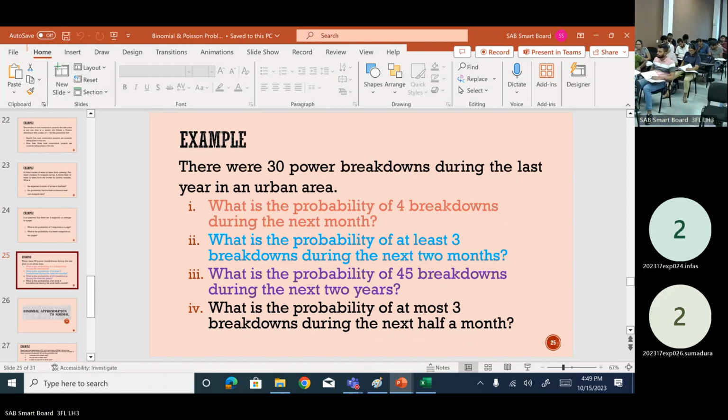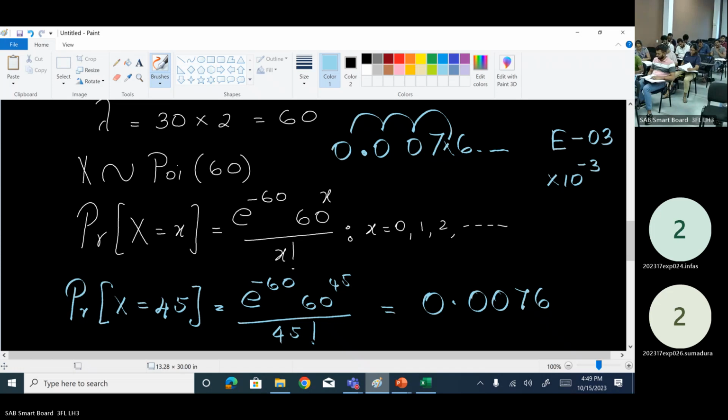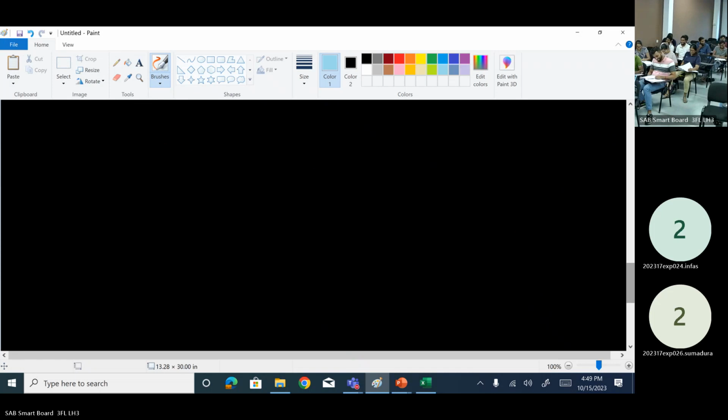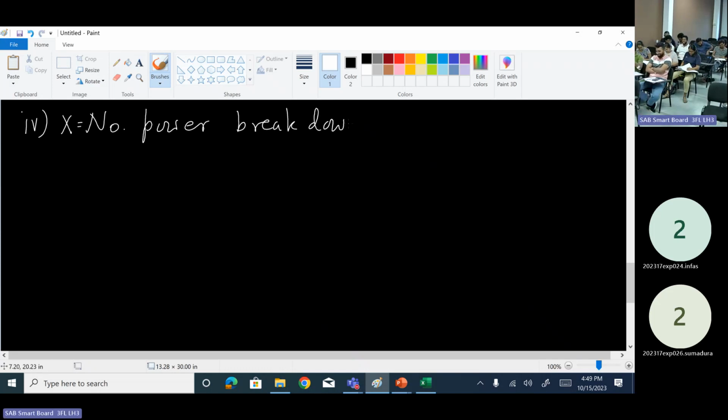Whether the number of power breakdowns exceeds 3 during half a month. During half a month.